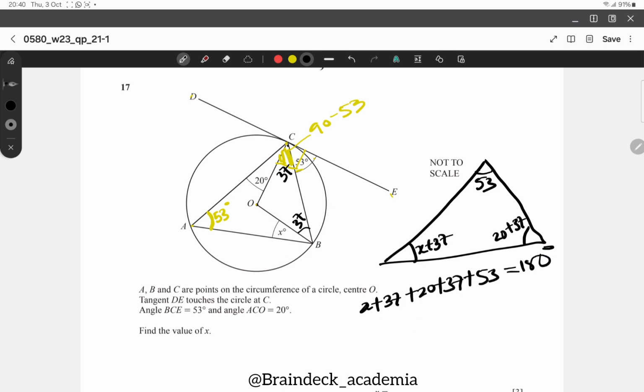So that will now be 37 plus 37 equals 74, plus 20 plus 53. All right, so that will be X plus 147 equal to 180. X equals 180 minus 147, and our X equals what?